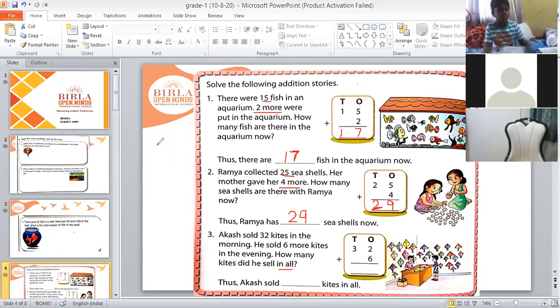So 2 plus 6, how much? Start counting after 2. 6, after 7, 8, 9.